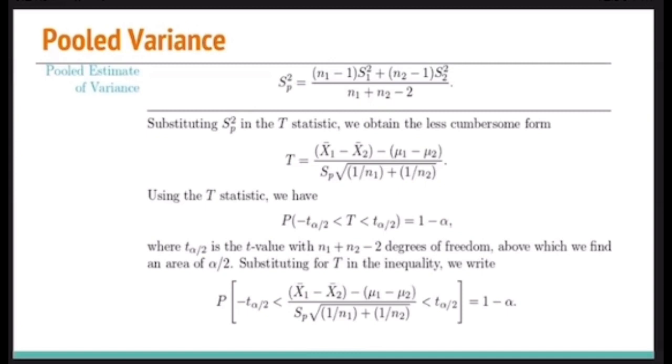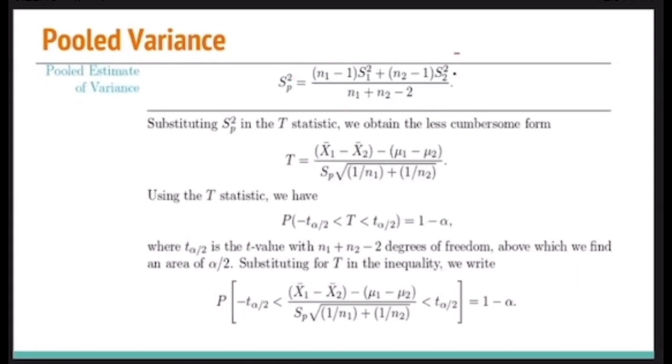We normally use the pooled variance approach in constructing a confidence interval for the difference of means in a situation where the population variances are unknown, not given, and assumed to be equal. Even though they are not given, they are assumed to be equal, so I'm going to use the idea of a pooled variance.